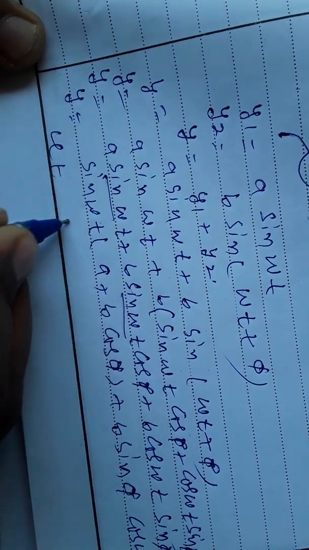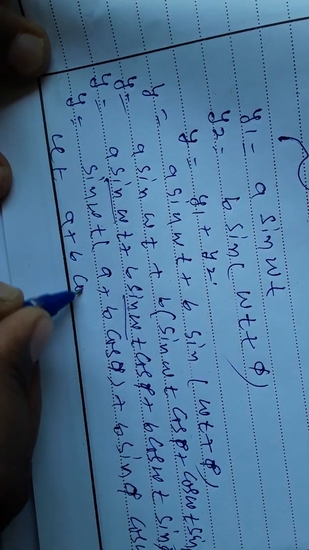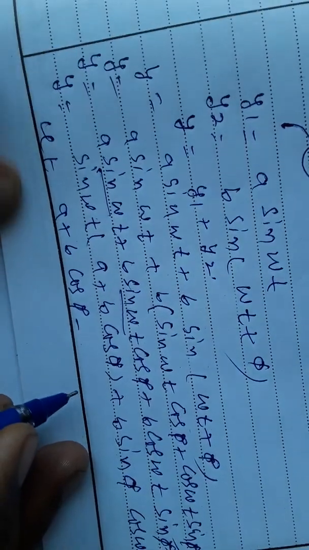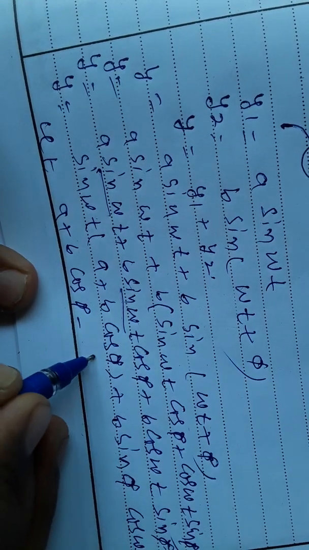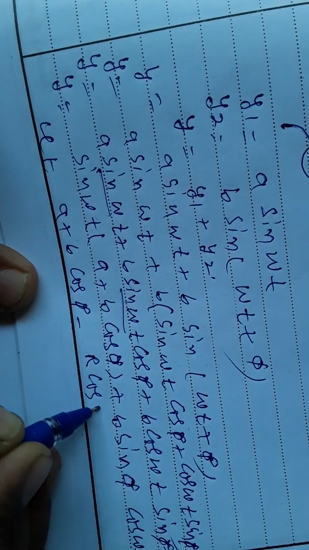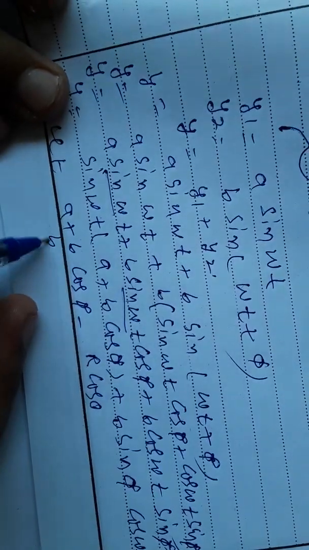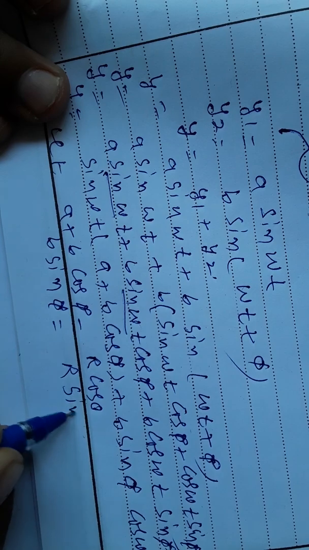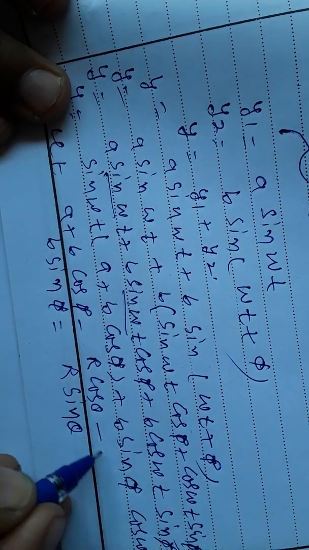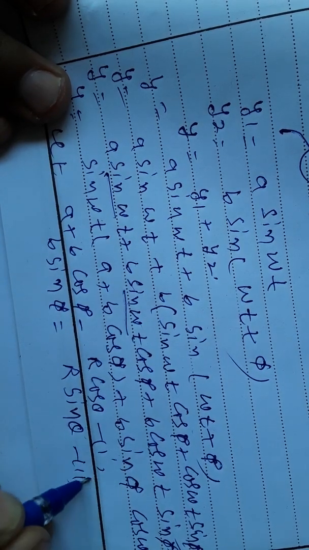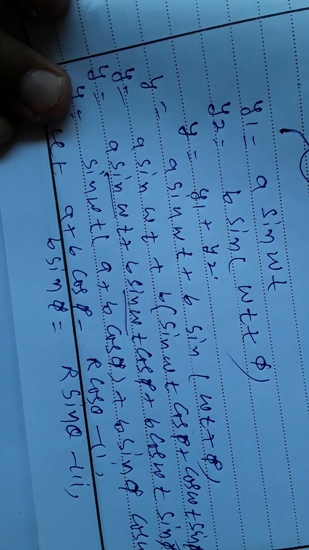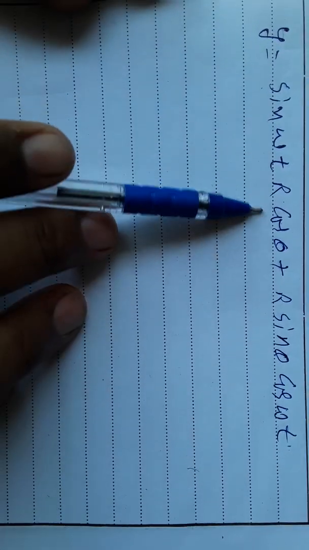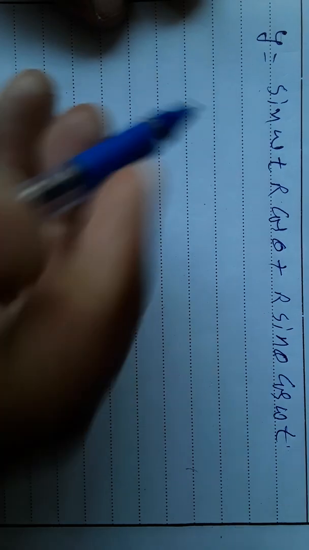Let us suppose a plus b cos phi is equal to R cos theta, and b sin phi is equal to R sin theta. We take these as equation number one and equation number two. Now we can write y is equal to sin omega t R cos theta plus R sin theta cos omega t.